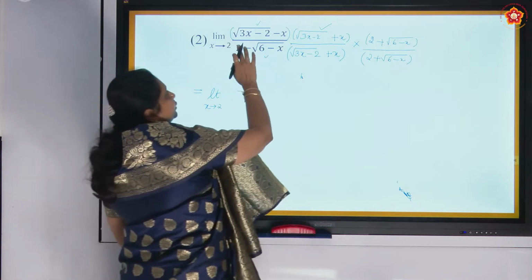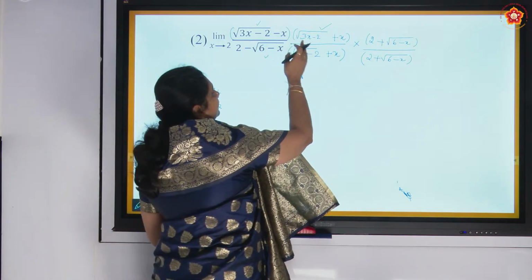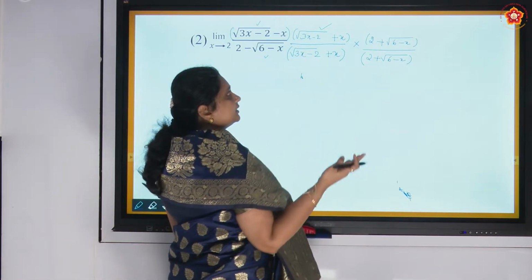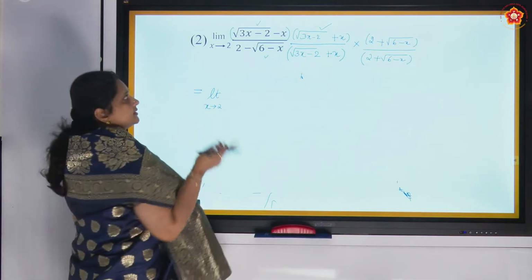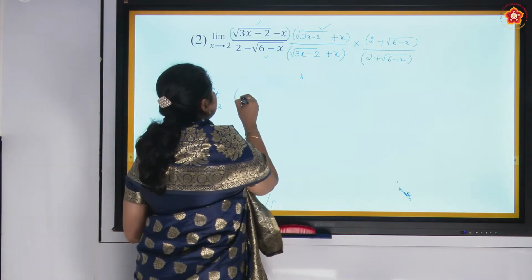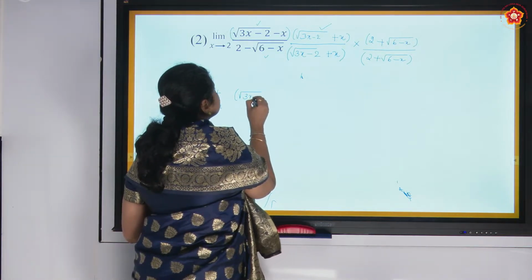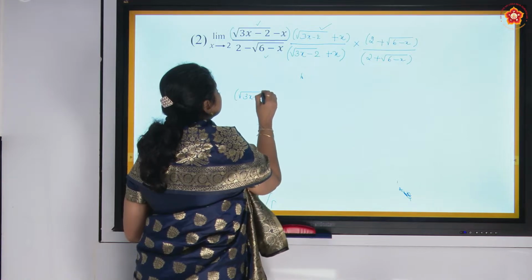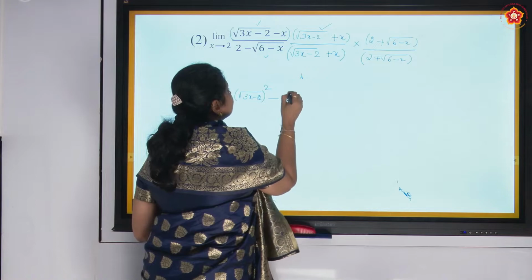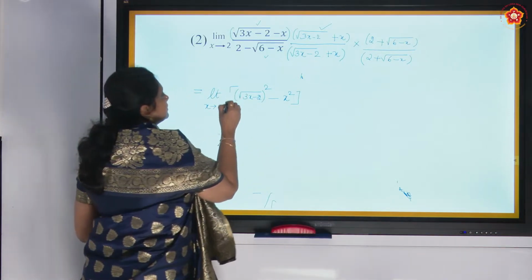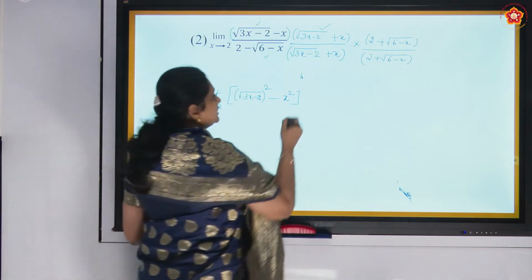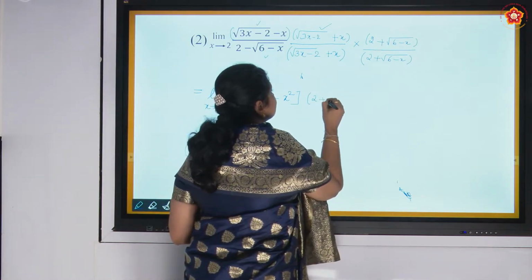So, when I multiply root of 3x minus 2 minus x into root of 3x minus 2 plus x, this is of the form a minus b into a plus b, I get a square minus b square. So, my a is root of 3x minus 2, so I square it, minus my b is x and then I square that. So, I am left with one more factor, that's the rationalizing factor of the denominator. Let me place it just like that.